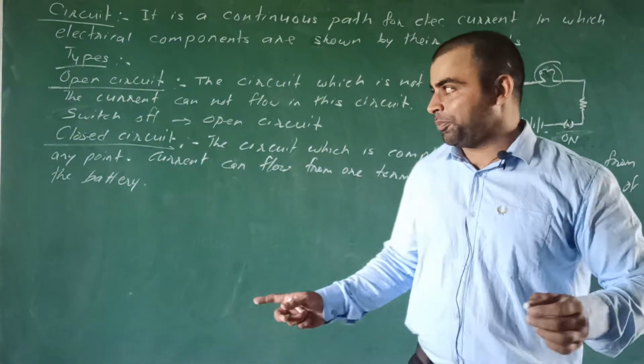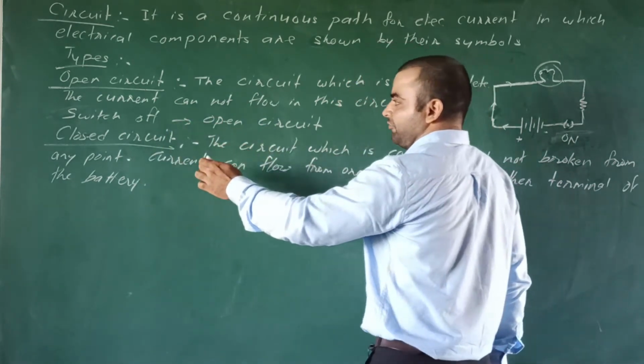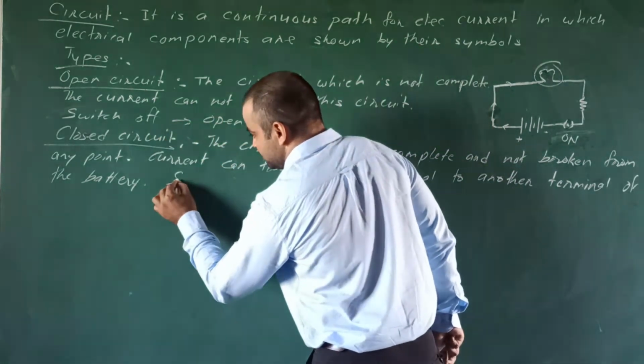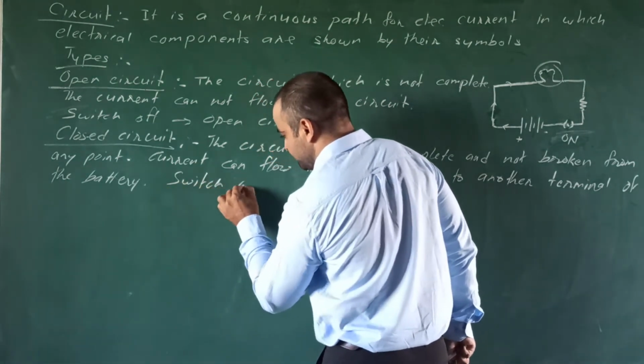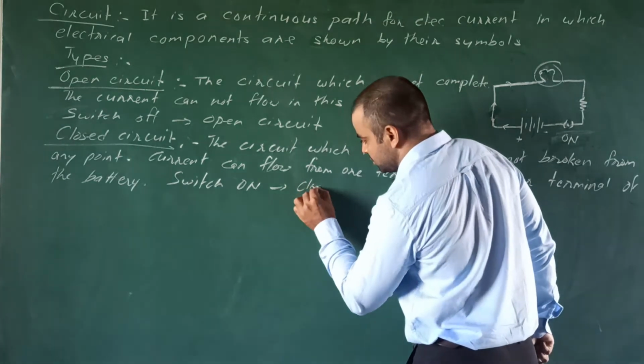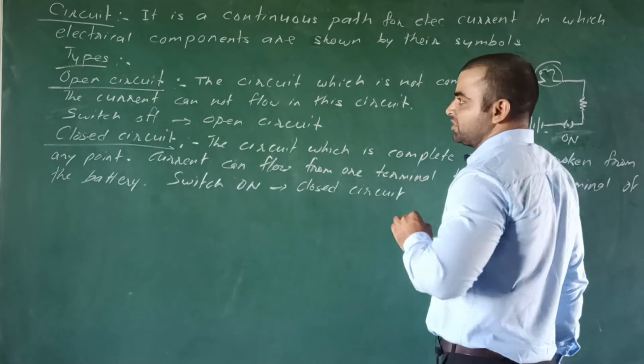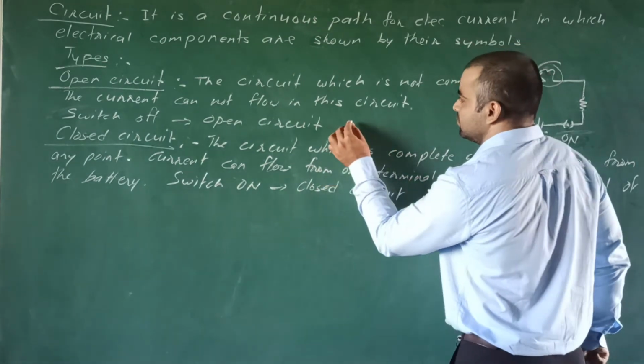The circuit will be open when the switch is off, and closed when the switch is on. Here are the symbols for switch off and switch on.